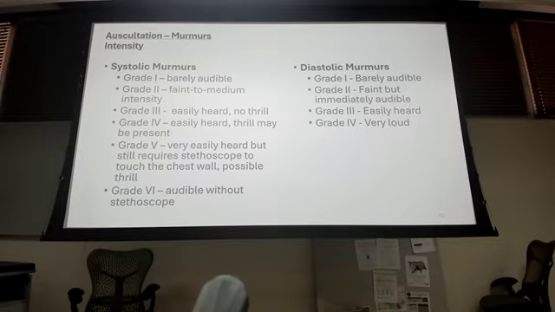You do have grading scales for murmurs. Systolic murmurs are not graded the same as diastolic murmurs are. So just know systolics are 1 through 6, diastolics are 1 through 4. And saying this is a 2 out of 6 murmur means something. You can't just throw a number on something. There's a definition, depending on the grade you give it.